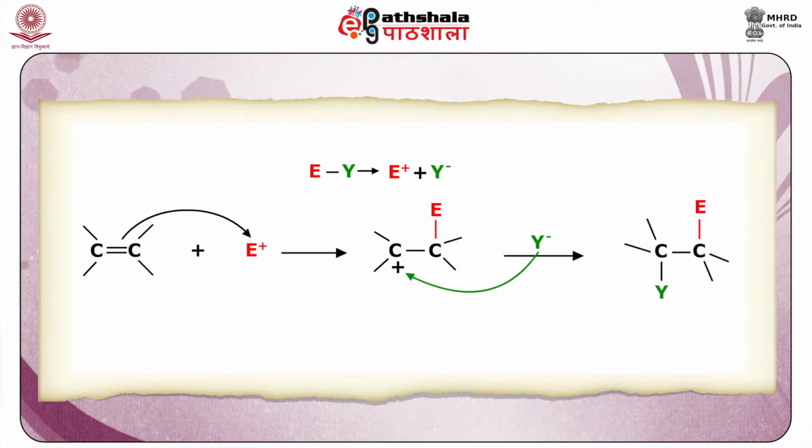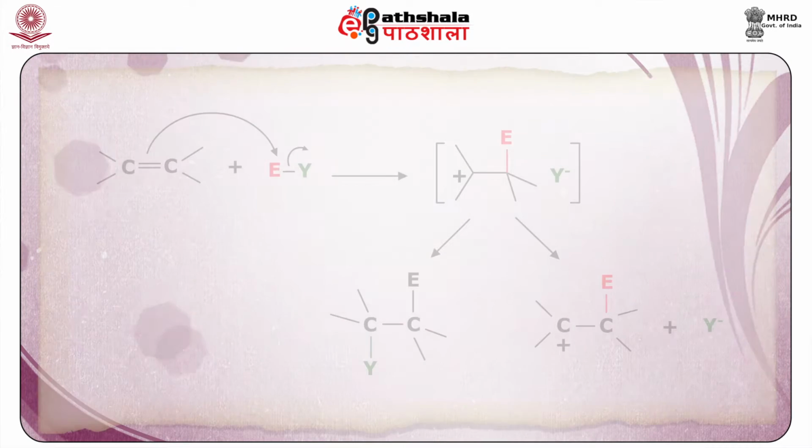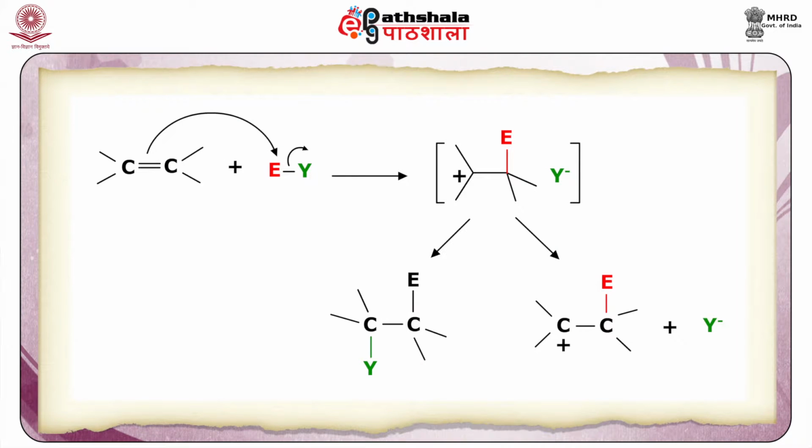Dissociation of electrophile reagent and subsequent attack of the alkene to electrophile resulting in the formation of carbocation intermediate is the ADE2 process. As you can see here, the alkene getting attacked with E plus, we get this intermediate carbocation and then Y minus. There can be two routes here, that is in ADE2 process, formation of carbocation ion pair from alkene and the reagent.